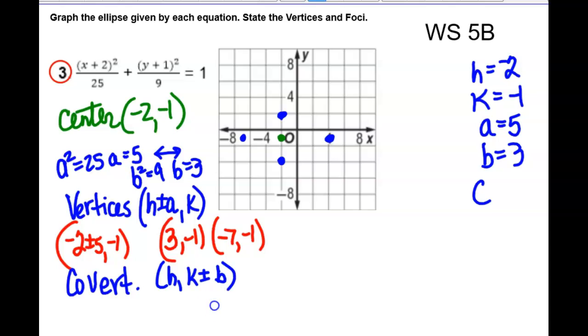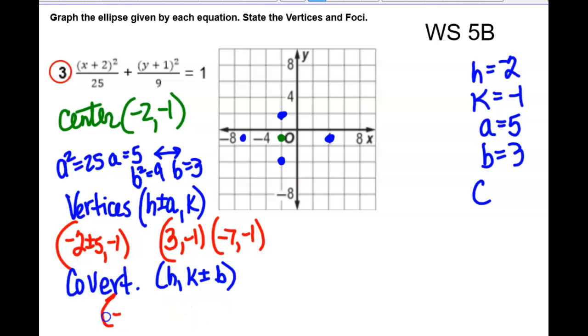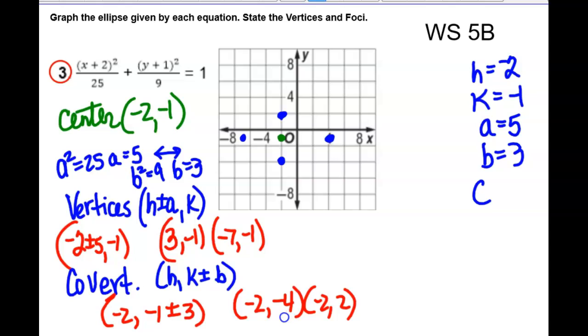Somebody checking me? Okay. So for our problem, it's -2 comma -1 plus or minus 3, which becomes -2, -4, and -2, +2 in any order.